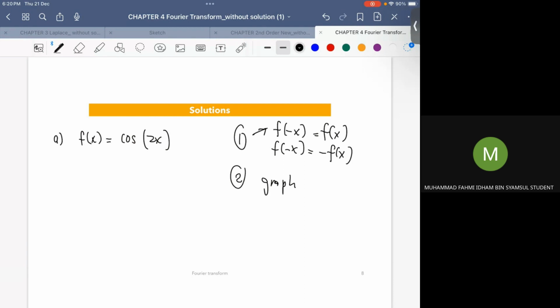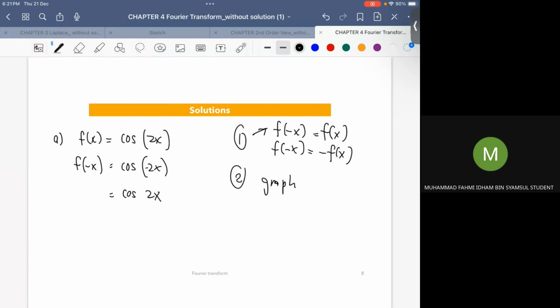All right, let f(negative x): substitute all the x with negative x. Now you have cos 2 times negative x, so cos negative 2x. If you use your calculator, you find that f(negative x) is the same as cos 2x. The values are equal. You can confirm with your calculator.